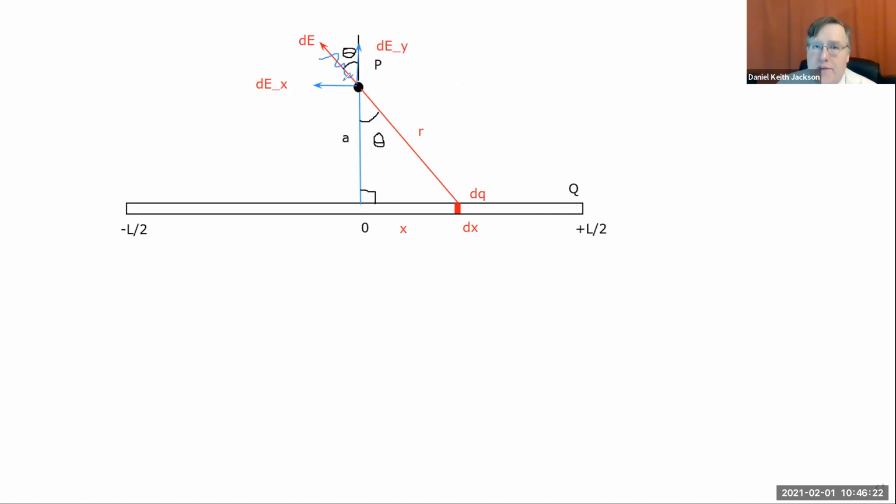Okay, so I've set up a right triangle. I've set up an electric field direction because of my increment of charge. I've broken it into its X and Y coordinate axes.